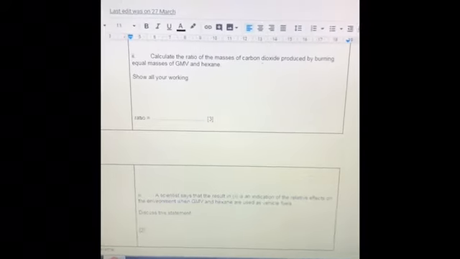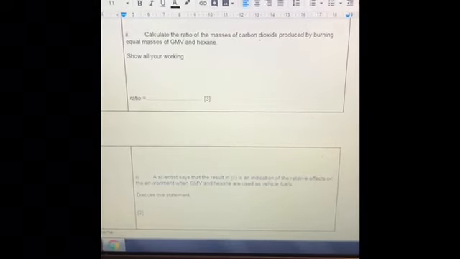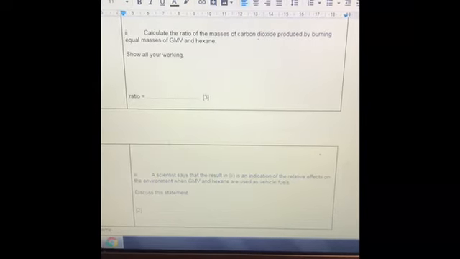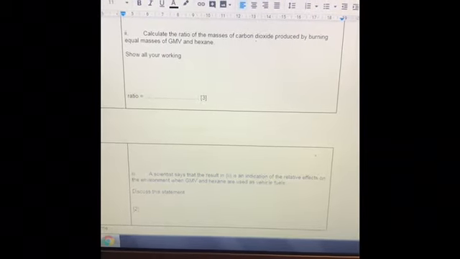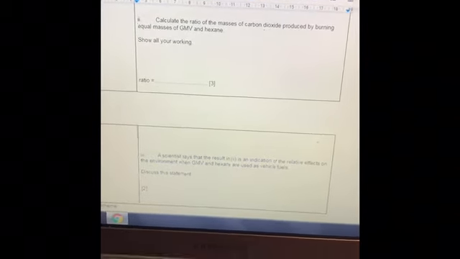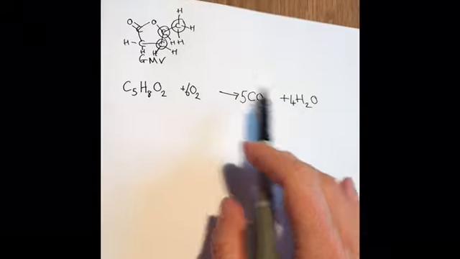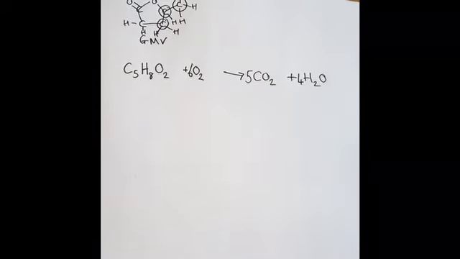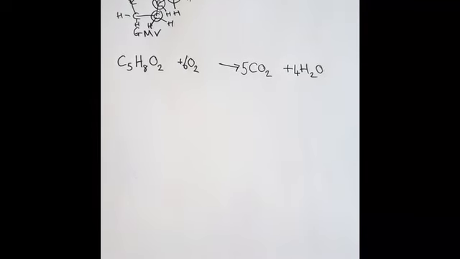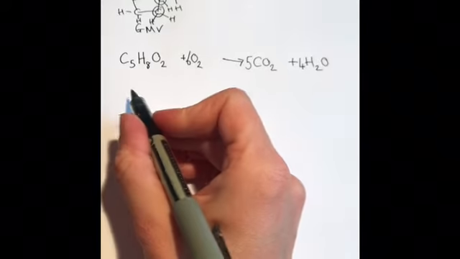Okay, so the next question says, calculate the ratio of the masses of carbon dioxide produced by burning equal masses of GMV and hexane. Show all your working. So it helps that you've already got the equation here to work out the number of moles of carbon dioxide produced when you burn 1 mole of GMV, but you also need to work this out for hexane.